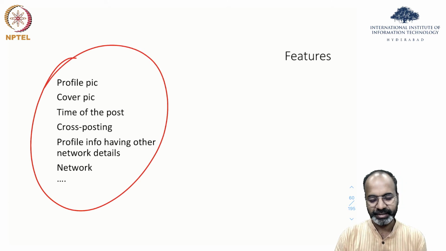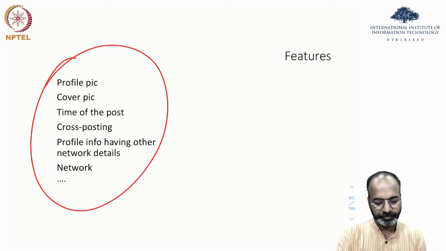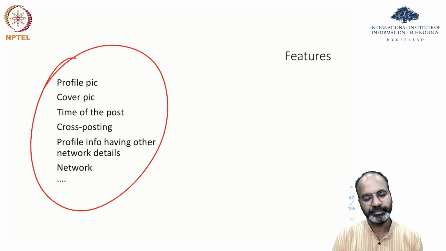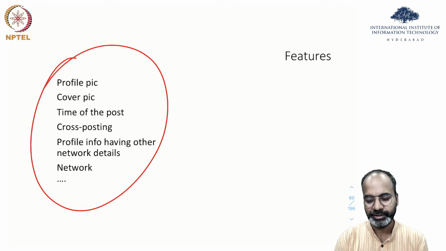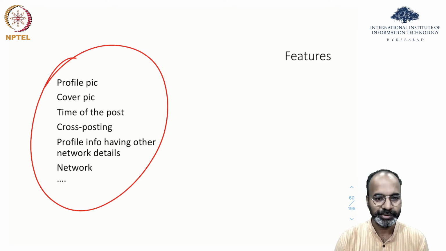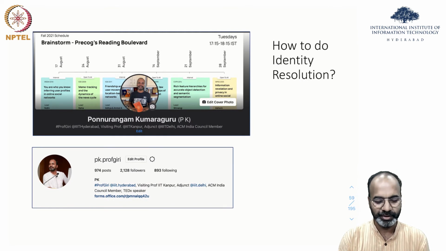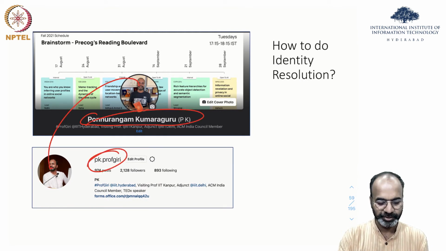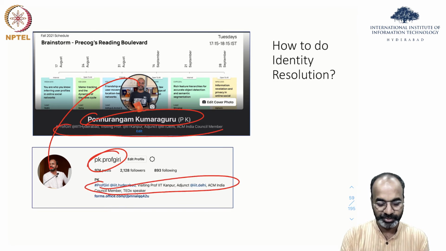These are examples that I talked about, and these are the features that could be used. I think there are many more features you can think of. So for example, in this case, profile picture, you could compare the name here and the name here, or the user handle.